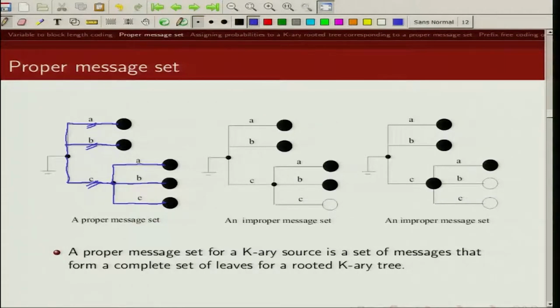Let's look at some sequence. Let's say A, B, A, C, C, B. Note here that if I use this source parser, which I am calling a proper message set, how will I parse this input sequence? For A that's one block, B, A. If I get a C, I look at the next letter, that's CC.